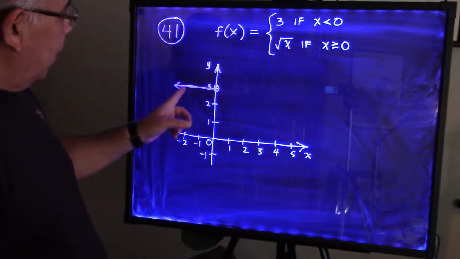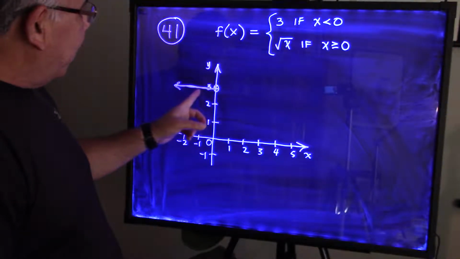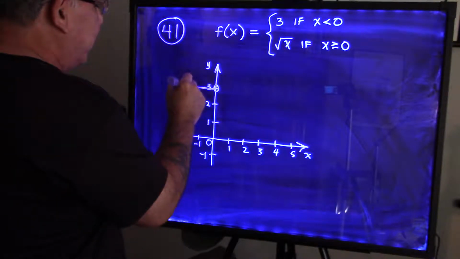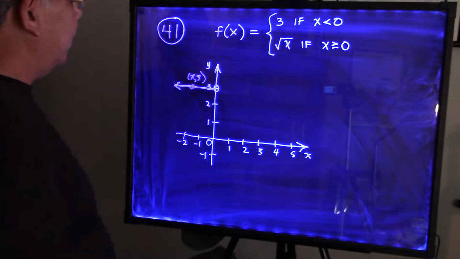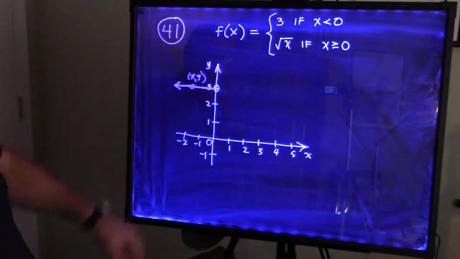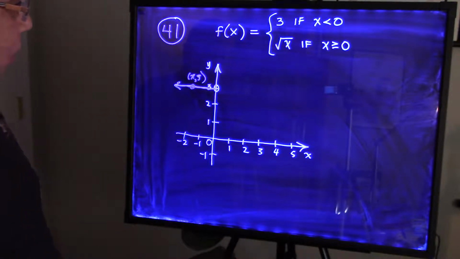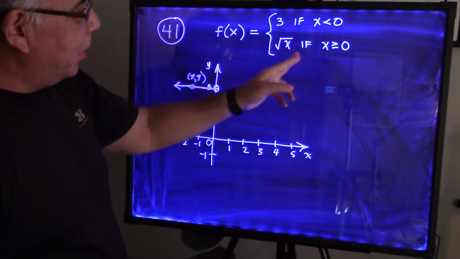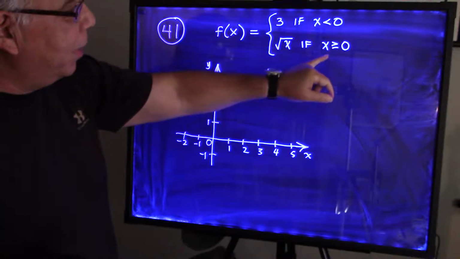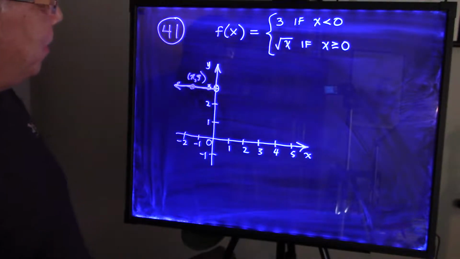Okay, so whatever point you have on this line, the coordinates are going to be x, 3. The y is always going to be 3 on there. So now, if x is greater than or equal to 0, it's square root of x. So you're including x equals 0 on this part.